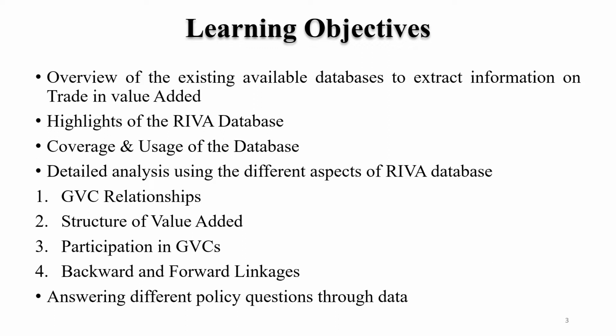Detailed analysis using different aspects of RIVA databases will be done, considering a few countries as examples, in which we will explain GVC relationships, structure of value added, participation in GVCs, backward and forward linkages, and other policy questions through data.